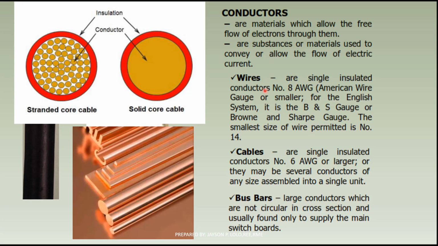A conductor will be called a wire if it is number 8 AWG or smaller, while a cable is number 6 AWG or larger. The busbar is a large conductor which is not circular. Wires and cables form a circular core, while the busbar is in cross section and usually found only supplying the main switch box, which is the panel board.